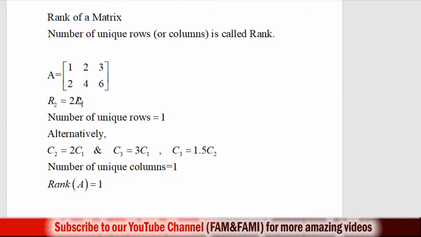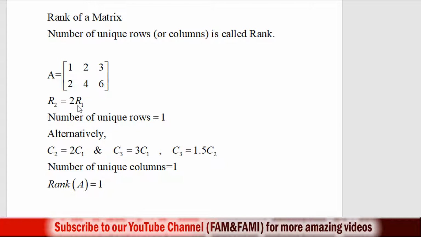So notationally we write it as row 2 is equal to 2 times row 1. So it means each element in row number 1 is multiplied by this constant 2 to obtain the elements in row number 2. So in other words, we say that the elements in row number 2 depend upon the elements in row number 1.